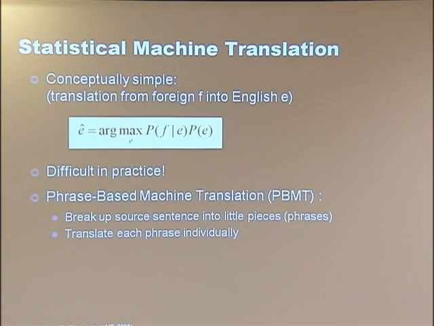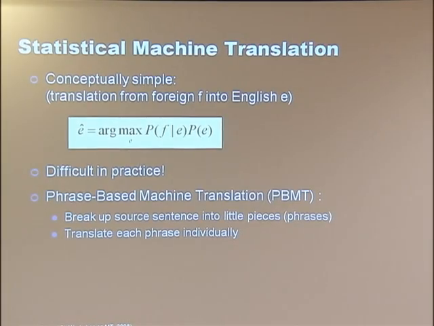Okay, so statistical machine translation. It's very simple in theory, but complex in practice. You're going to find the English expression that maximizes this expression, translating for the most part from a foreign language into English. You had a session on StatMT previously, right? Okay. So as you've learned, in phrase-based machine translation, what you're actually doing is breaking up the source sentence into individual phrases, translating each phrase individually, and trying to put everything back together again.